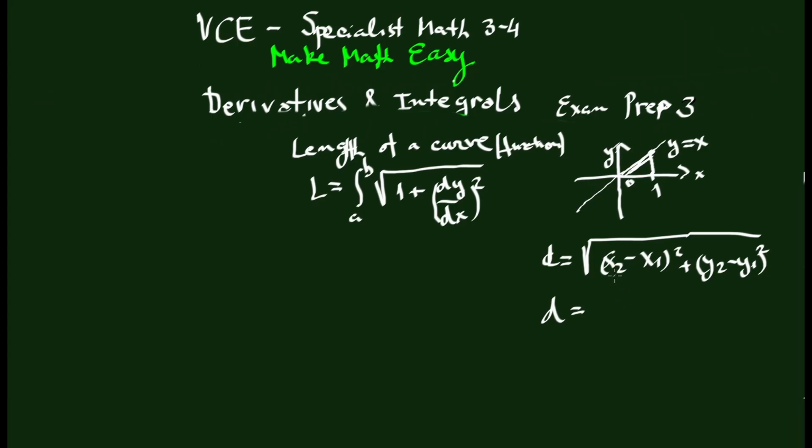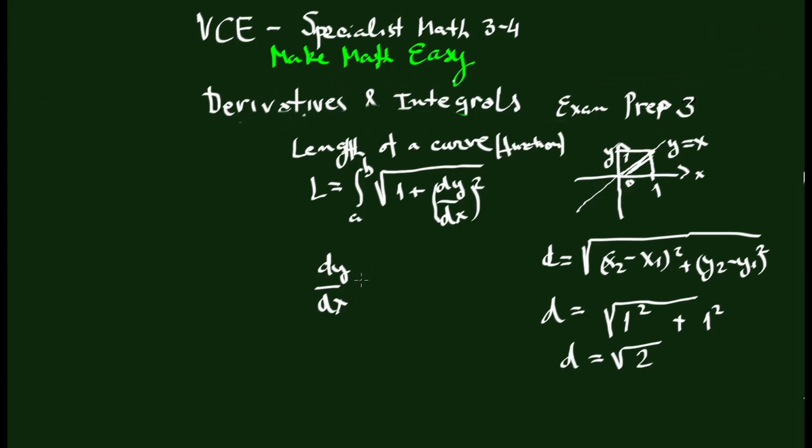So 1 minus 0 is 1, so it's 1 square plus, and here is also 1, so 1 minus 0 is 1. So the distance is square root of 2. Let's prove that our formula will do the same, and it will work for anything else. So what's dy by dx?